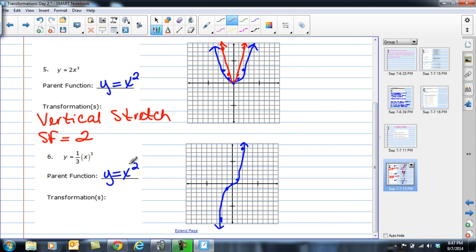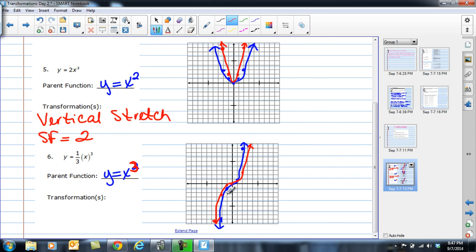So my parent function here is y equals x to the third, and so it's a cubic function. It makes this nice little thing, and then I'm going to cut everything by a third. So what I'm going to do is squish everything by a third. That 0 is going to stay in the same place. And so here's my new function.